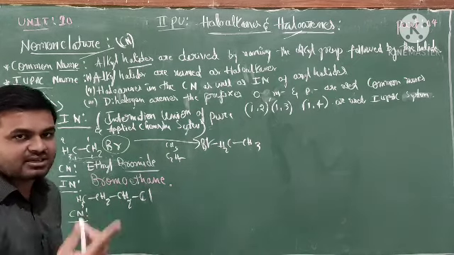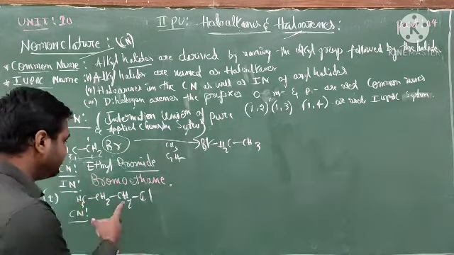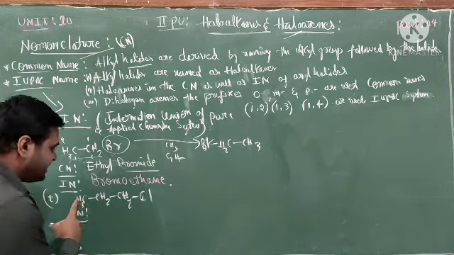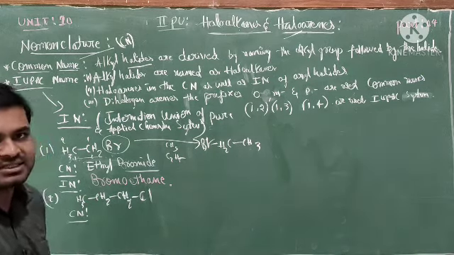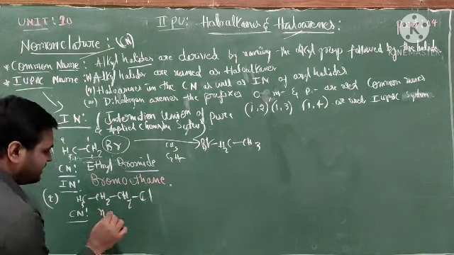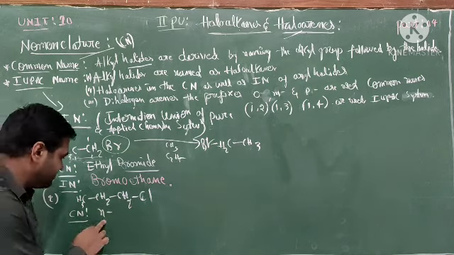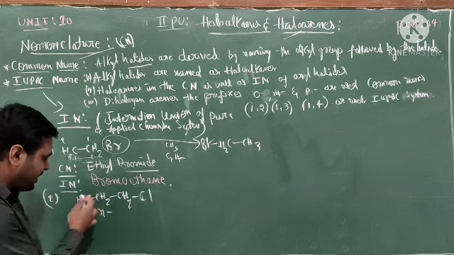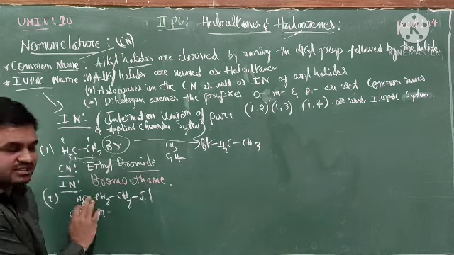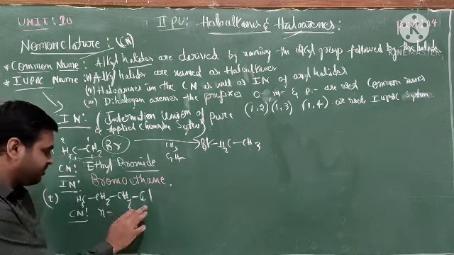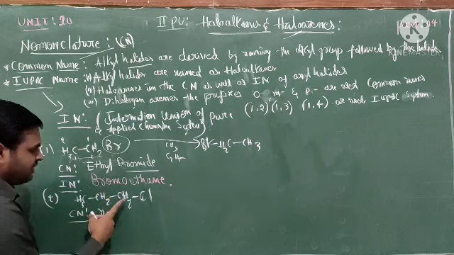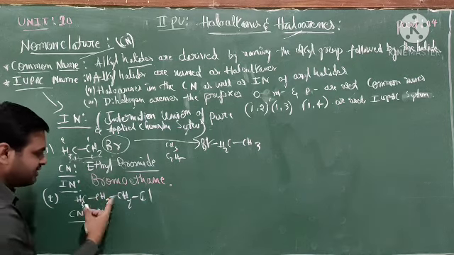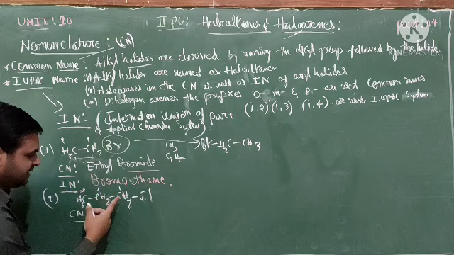But with more than 3 carbon atoms, the naming is important. For more than 3 carbon atoms, you write N. Why do you mention N? The carbon atoms are continuous, unbranched, and no other substituent group is present. For the halogen atom, you start with the lowest numbering, 1, 2, 3, three carbon atoms.